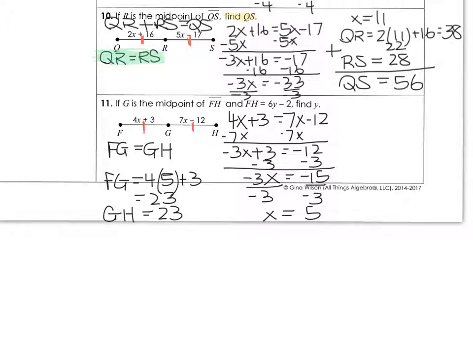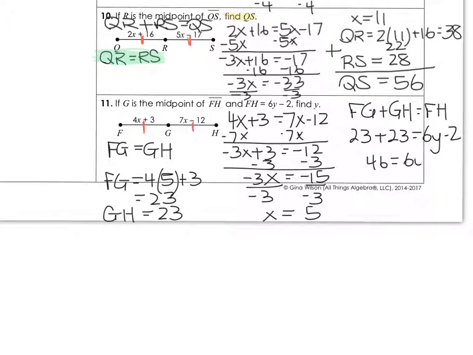So to do FH and find y, we know FG plus GH equals FH. So I know 23 plus 23 equals 6y minus 2.